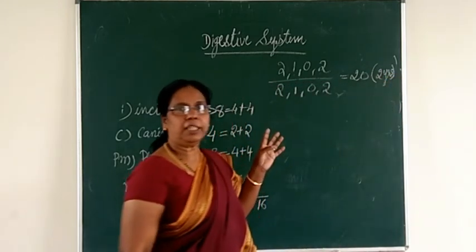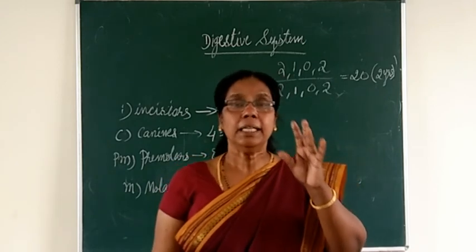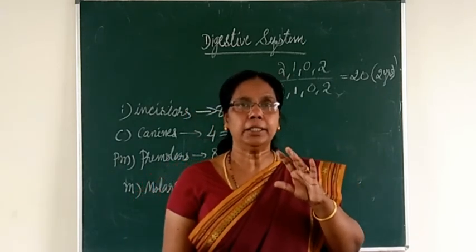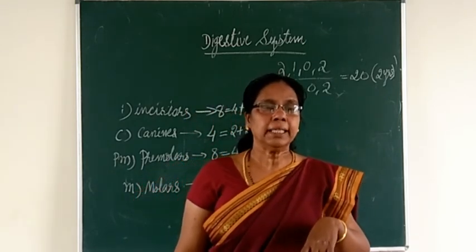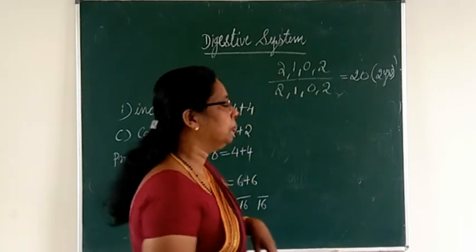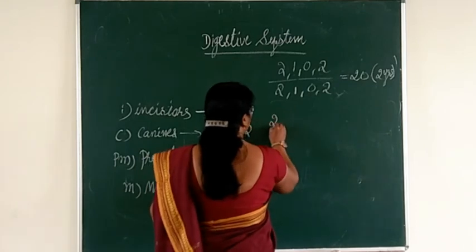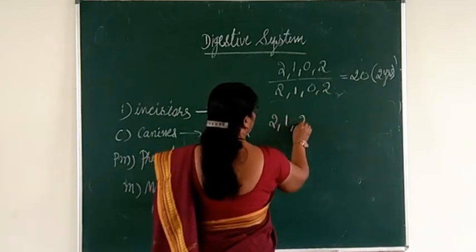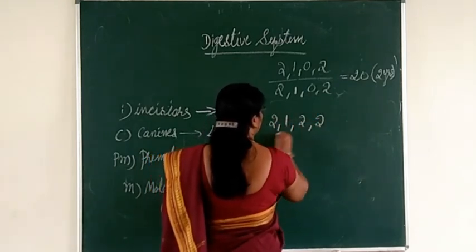So next we can see an adolescent of 17 to 20 years old. You can say that its formula is 2122.